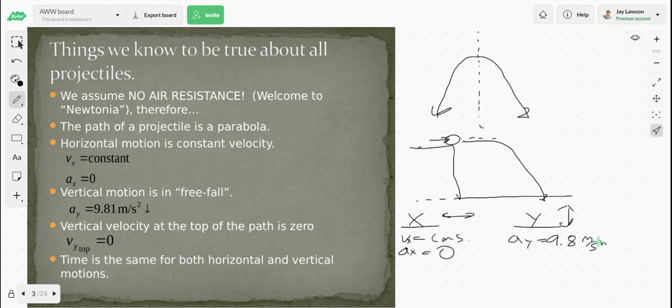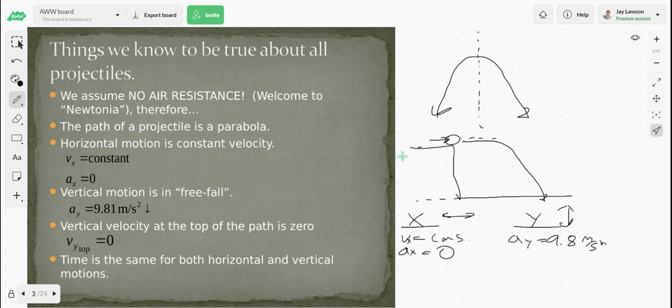Why is it going to be that on Earth? Well, because acting up and down, the only force pulling that object down is gravity. And we all know that free-falling objects accelerate towards the Earth at 9.8 meters per second squared.